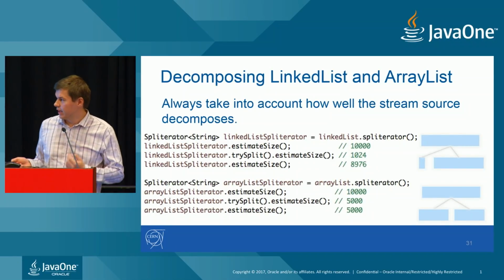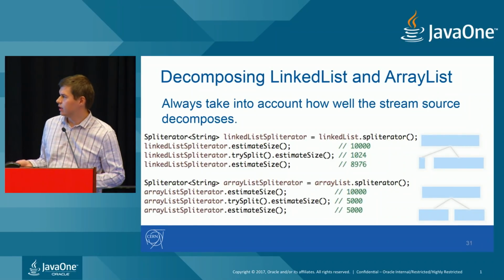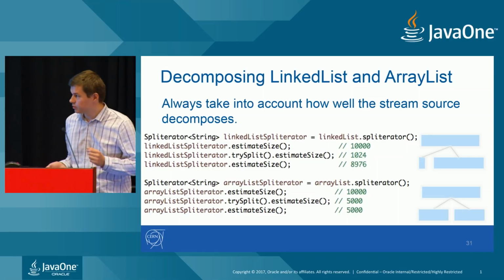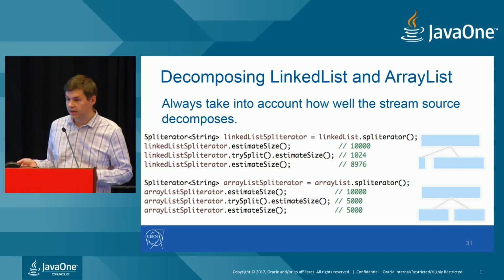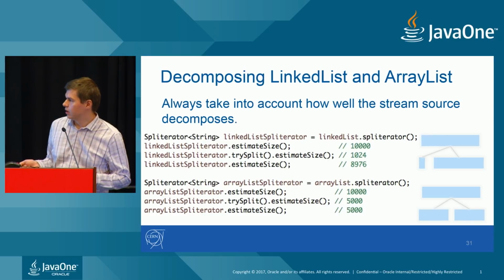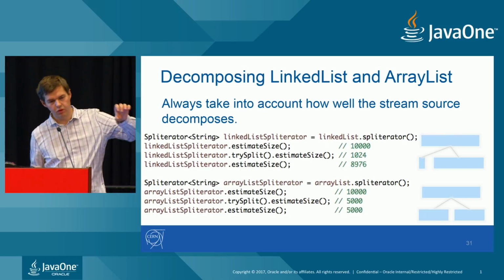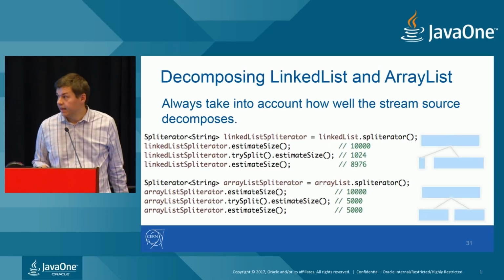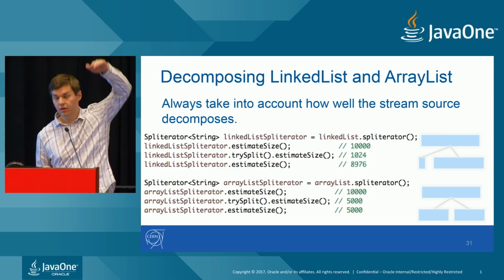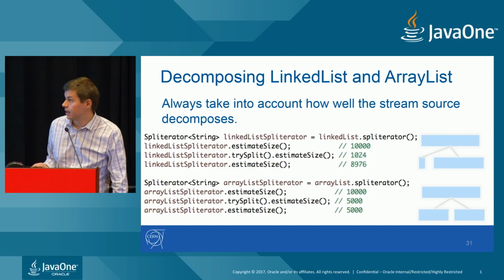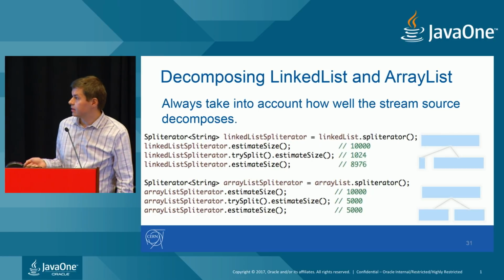Okay, so sticking to the Spliterator, imagine we have a linked list. We call Spliterator on it, and it returns a linked list Spliterator, of course, of a type. What are my elements in the list? Right now, the main Spliterator, the one on top, has 10K elements.